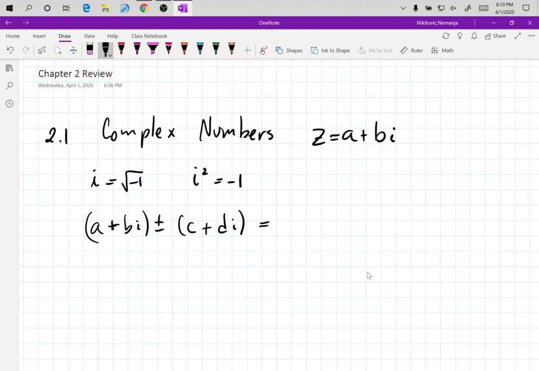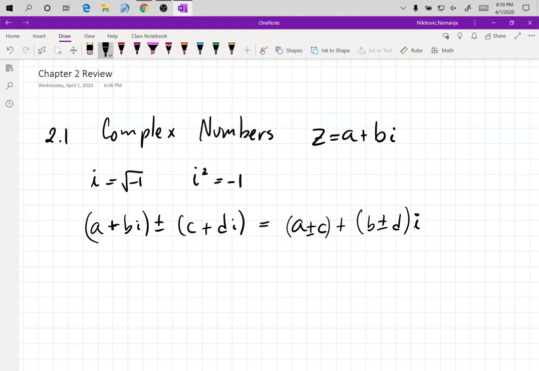We put the real values together, so that will be a plus minus c, and then we have b plus minus d, i. So addition and subtraction was just done by adding like terms. It's not like terms, it's actually what we have, real and imaginary.